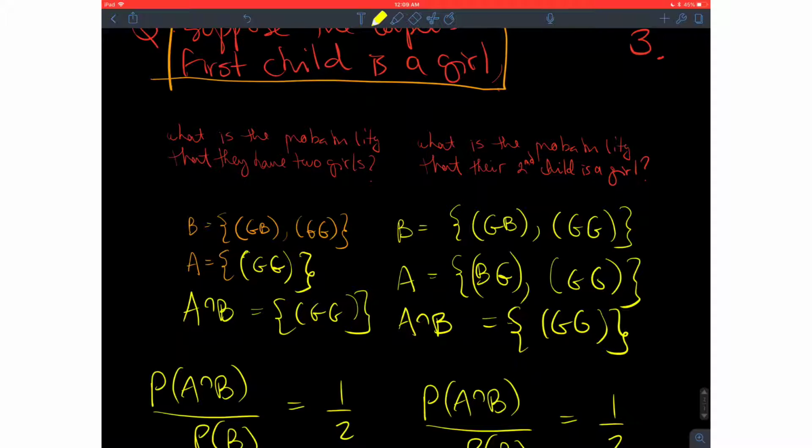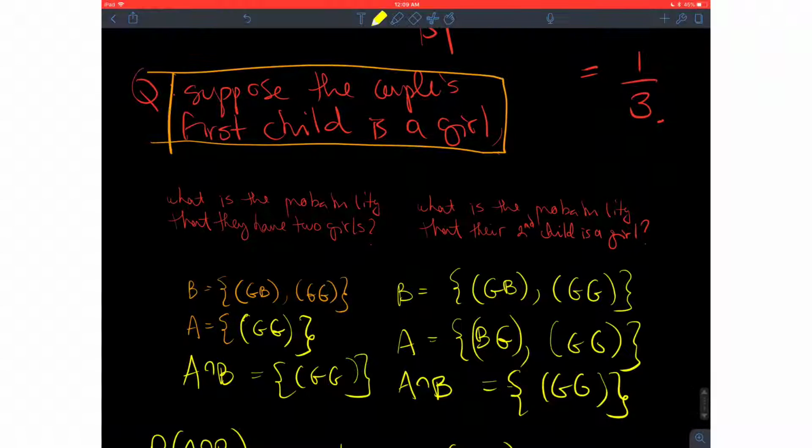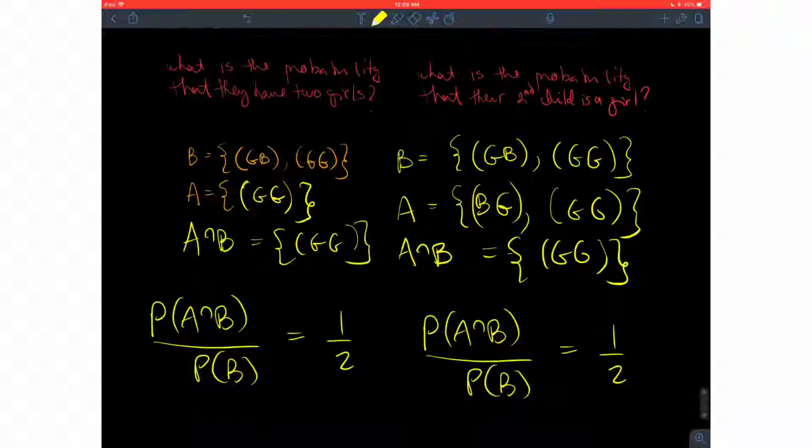In both cases, we're going to be able to define our sets B and A fairly easily. We have the statement, suppose the couple's first child is a girl, and so any outcome which starts with a G will meet that criteria. And so for B, we have in both cases GB and GG.